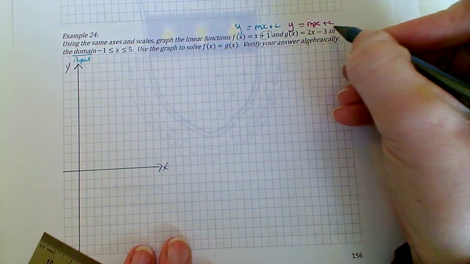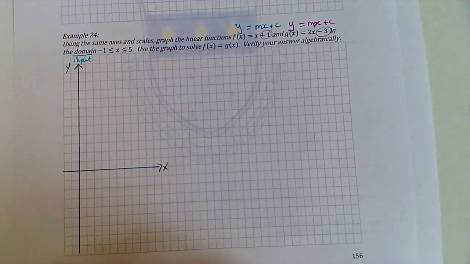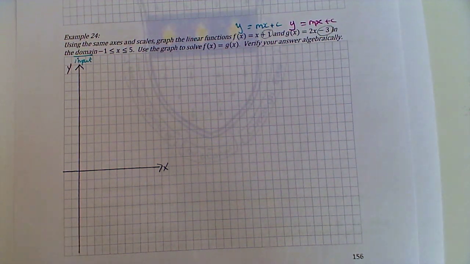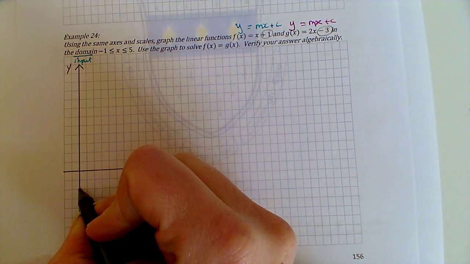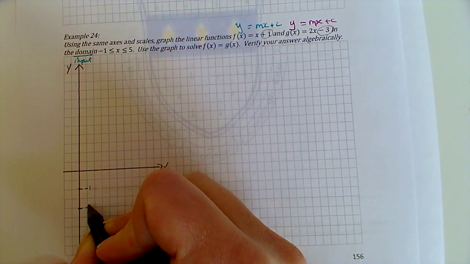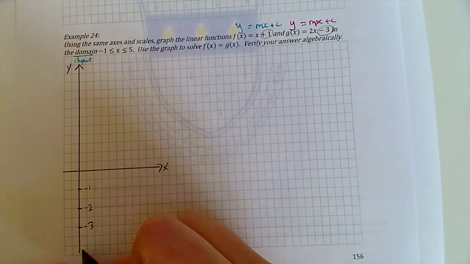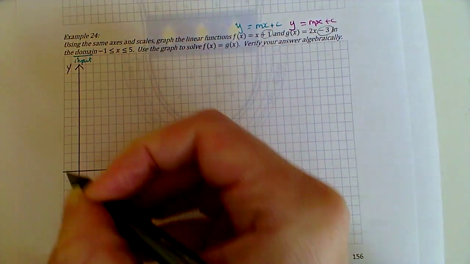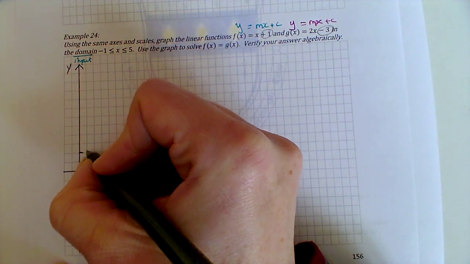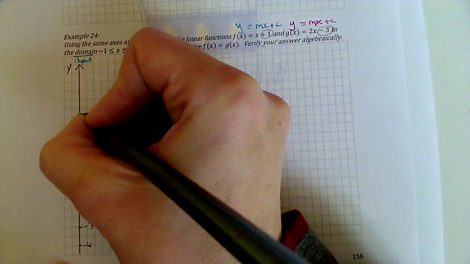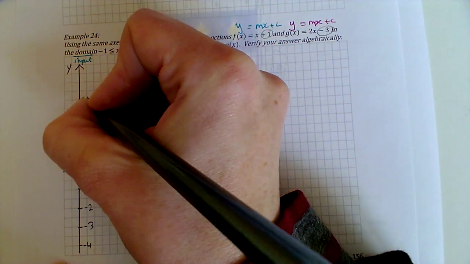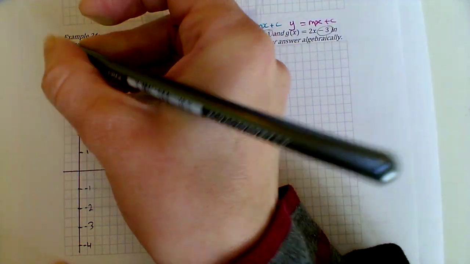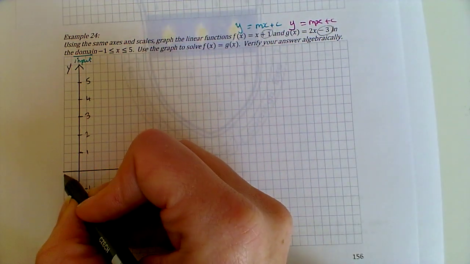My constant tells me my y-intercept. So I know that my y values have to at least go between -3 and +1. But I want to go a little bit further than that to give me space to draw out the full graph.